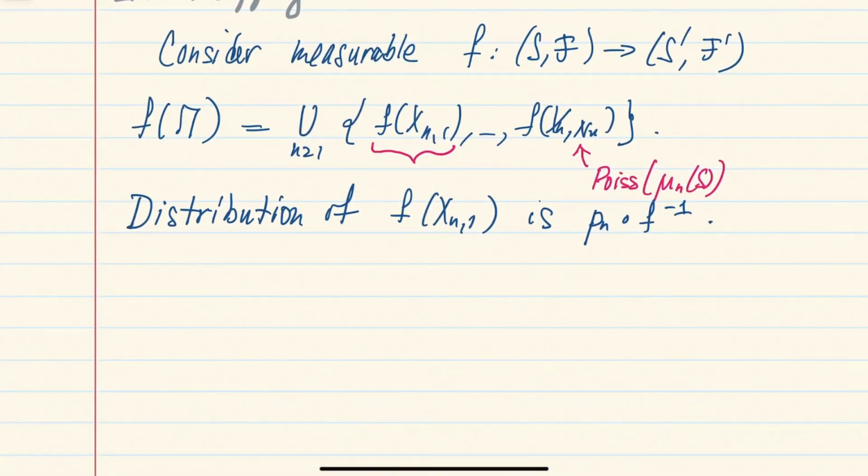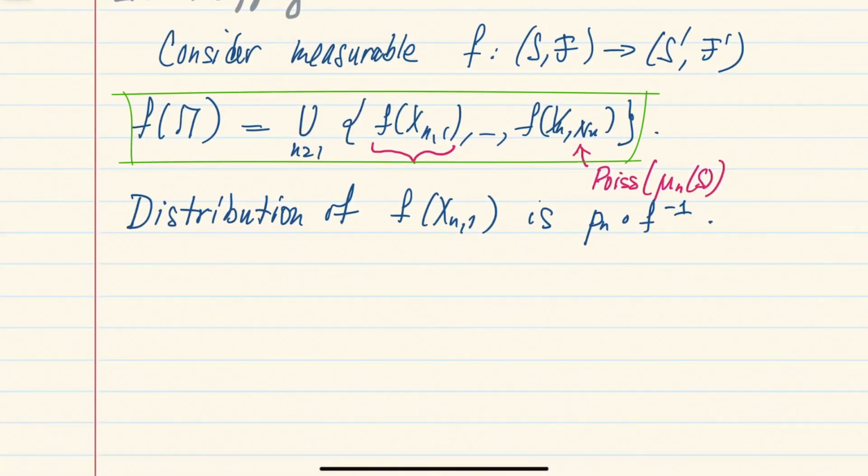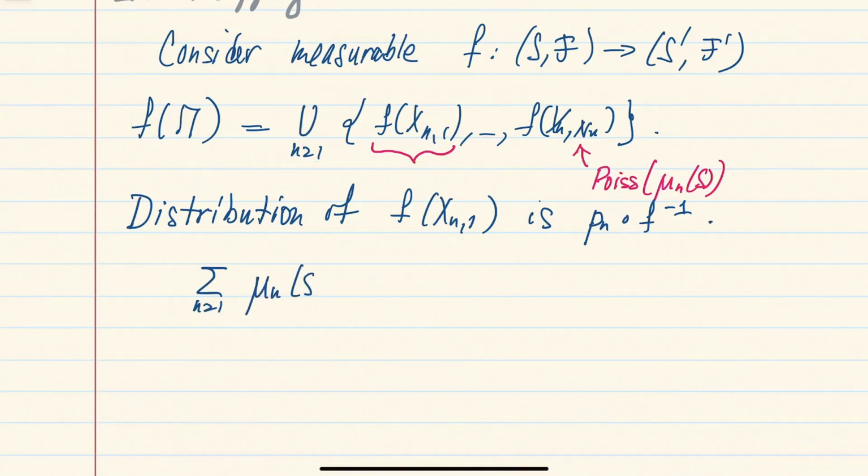So formally, this union here, or this image of our set, does look like a Poisson point process with the mean measure where you simply have to sum over all these n the mean of these Poisson random variables, capital N_n, times the probability measure P_n under this image map.